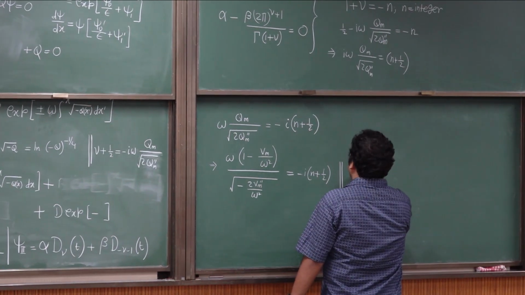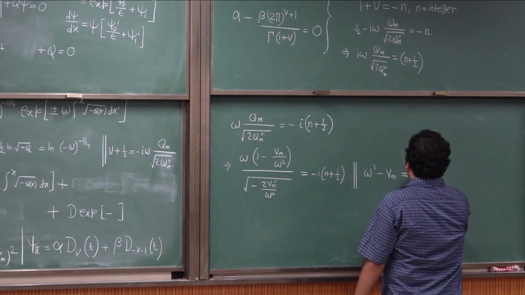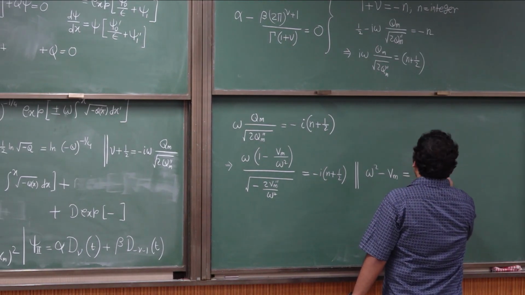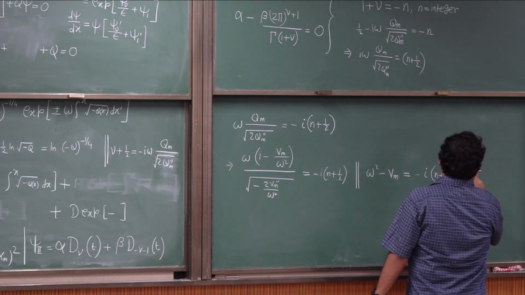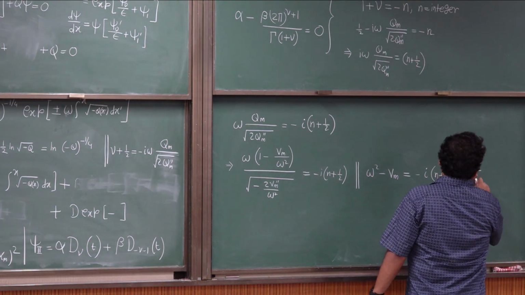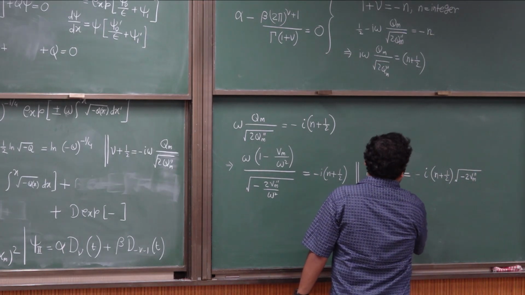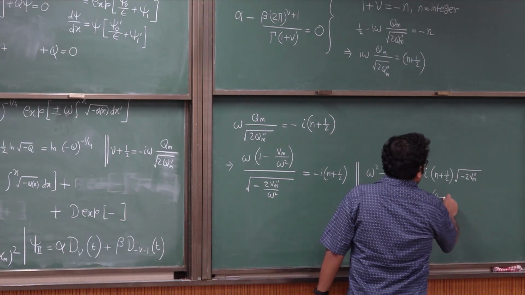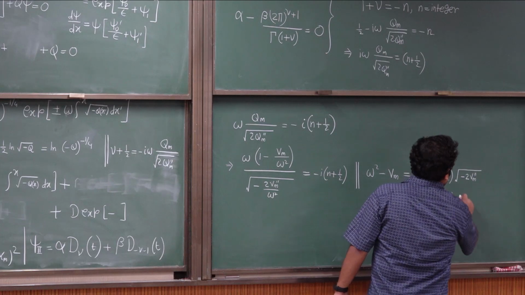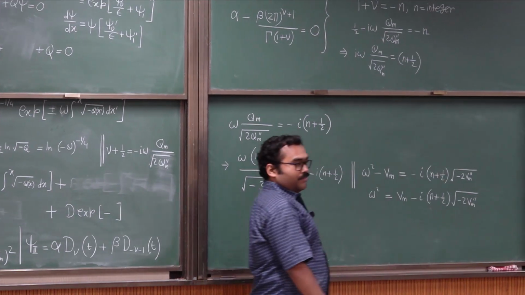that omega square minus Vm is equal to minus I n plus half into square root double prime, or omega square is equal to Vm minus I n plus half double prime.